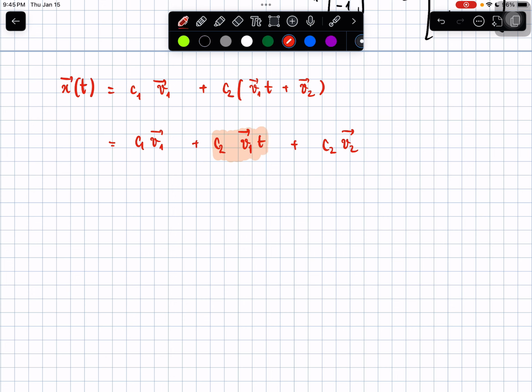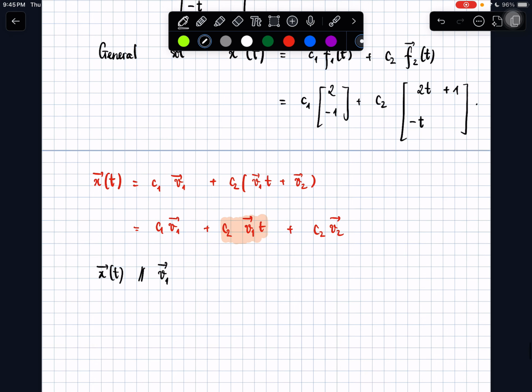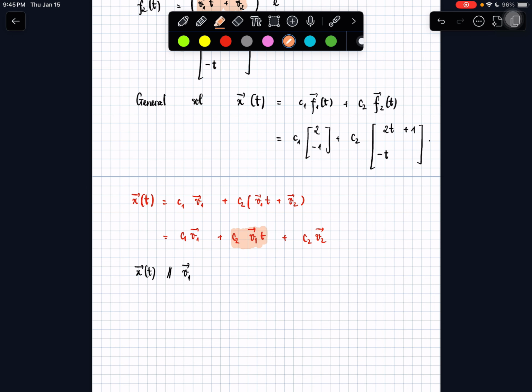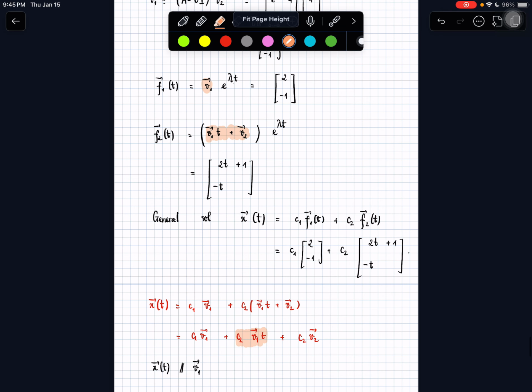So first of all, x of t will be parallel to vector v1, which in our case is 2, minus 1, coming from here.